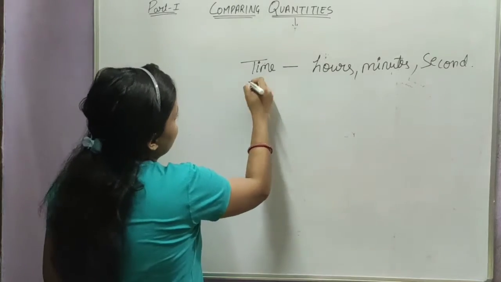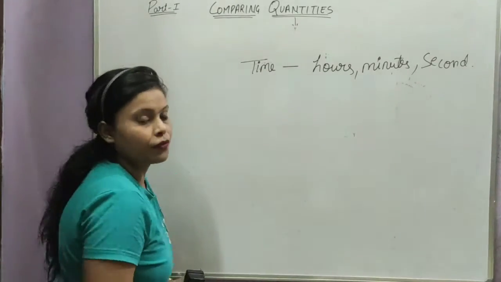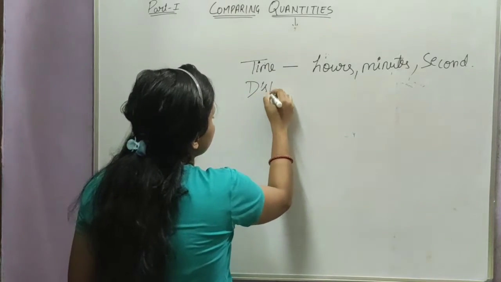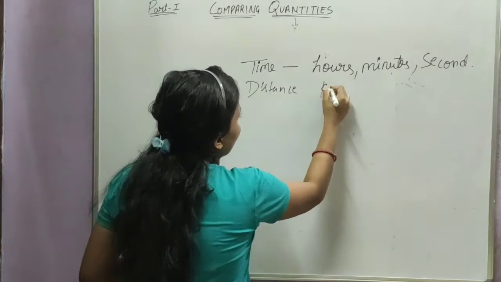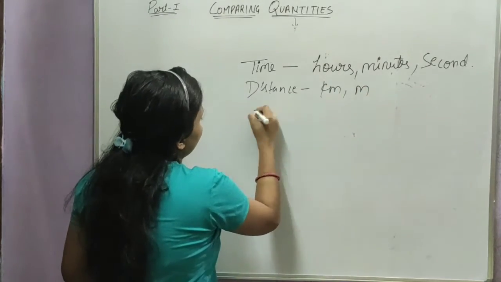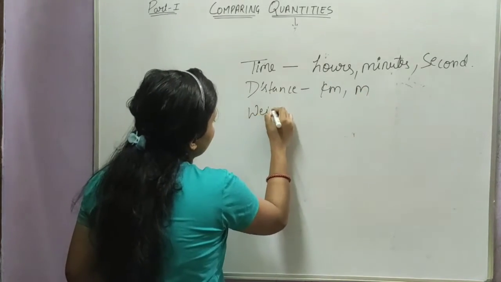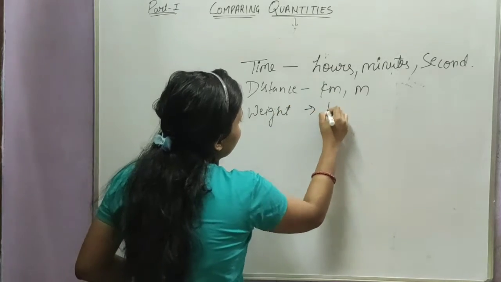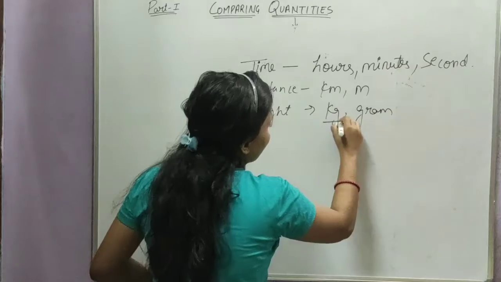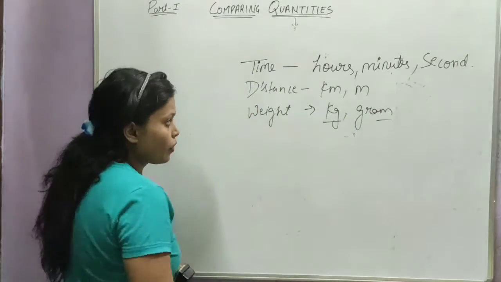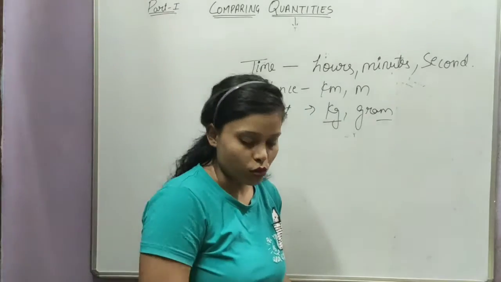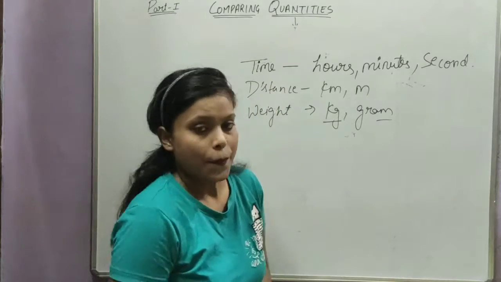And we have distance in kilometer, meter. Now weight is in kg, gram, that is kilogram and gram, right? And some other quantities which are not used in this chapter.